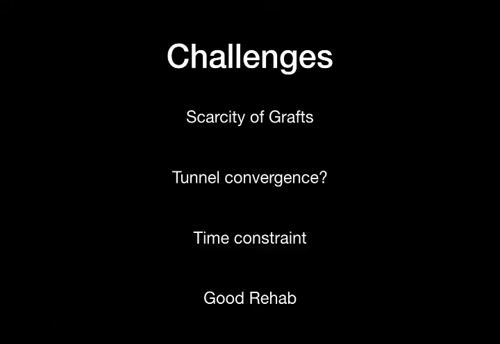So the challenges of multi-ligament surgeries are the scarcity of graft, the tunnel convergence, and the time constraint. Till now we have discussed knee dislocation which can be reduced under anesthesia or without anesthesia by closed means.